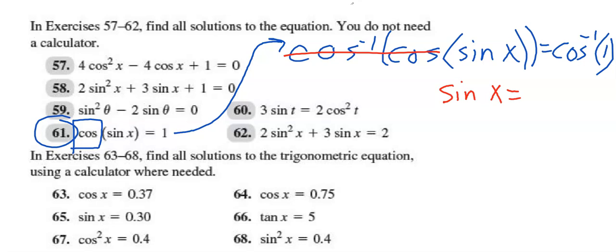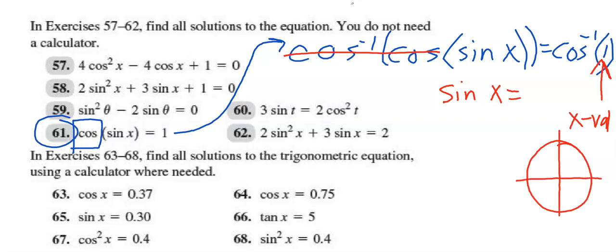Is that 1 an x value, a y value, or a slope? That's an x value. So where on your circle, and you can only answer between 0 and pi, do you have an x value of a positive 1? Right over here at the edge of the circle at 0, right?